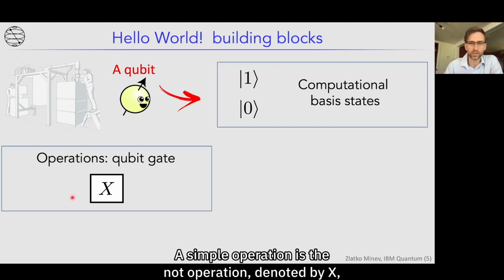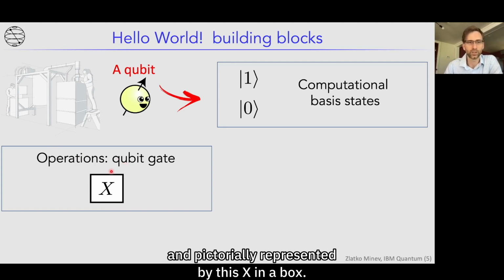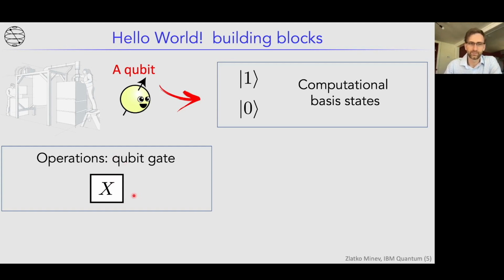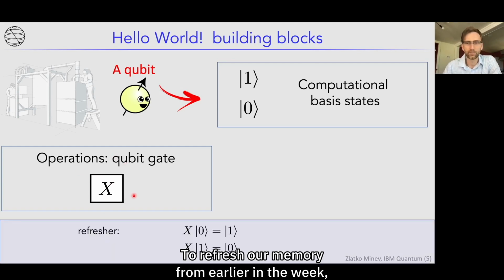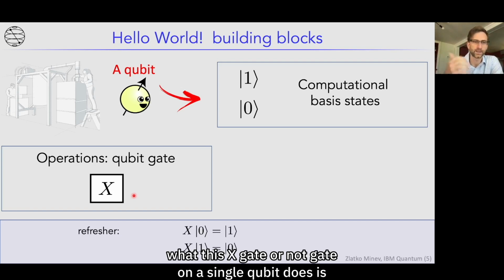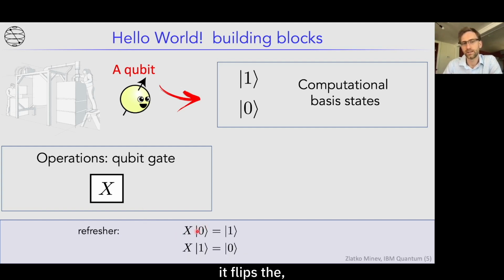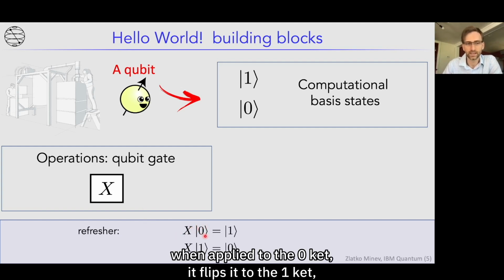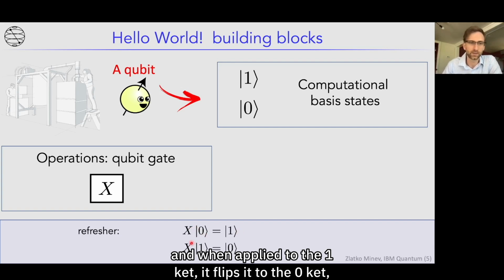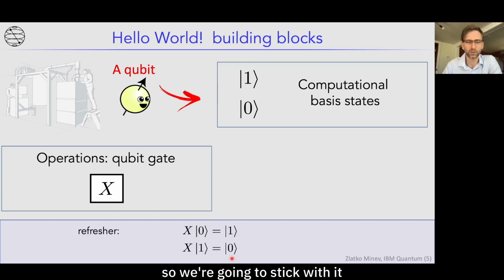A simple operation is the NOT operation, denoted by X and pictorially represented by this X in a box. To refresh our memory from earlier in the week, what this X gate or NOT gate on a single qubit does is it flips the 0 ket to the 1 ket, and when applied to the 1 ket, it flips it to the 0 ket. Simple and symmetric. So we're going to stick with it for a little bit in the beginning.